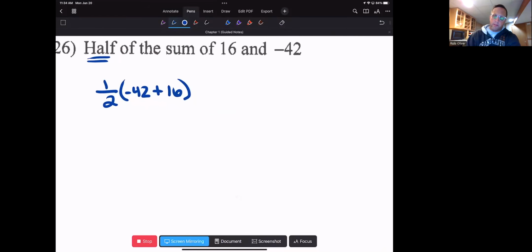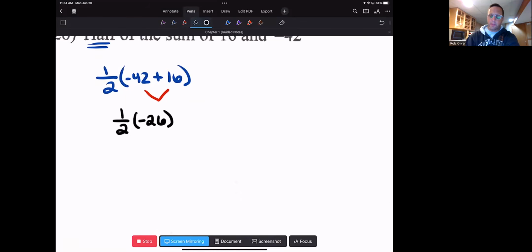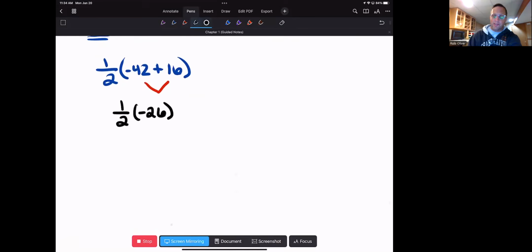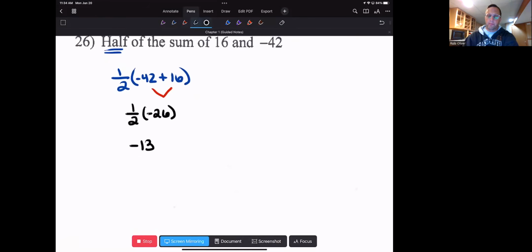If we take care of the parentheses first, negative 42 plus 16 is going to be negative 26. So I'm going to rewrite the problem. Now we have 1/2 times negative 26. And 1/2 times negative 26 is negative 13.